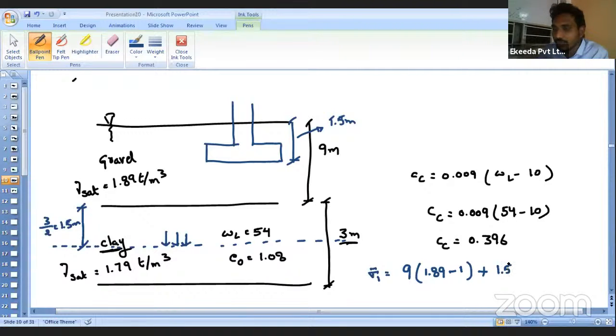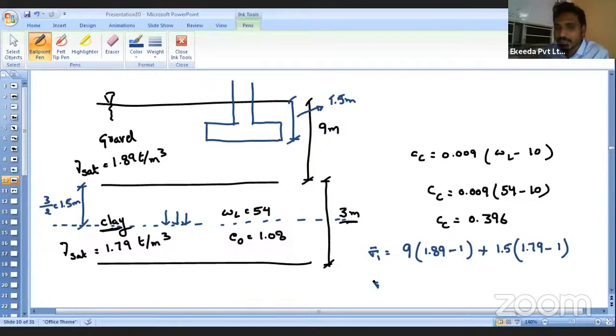Up to 1.5 meter thickness of the clay layer, the effective stress is 1.5 multiplied by the saturation weight 1.79 minus gamma w. Gamma w, let us consider it as 1. So this is the effective stress acting at the center of the clay layer before the construction of the foundation.